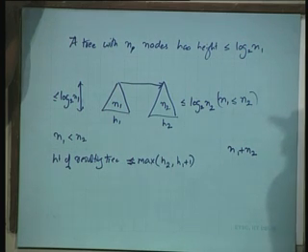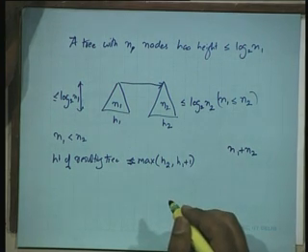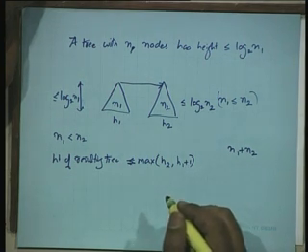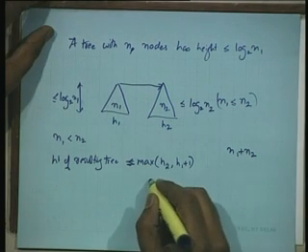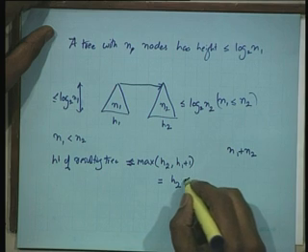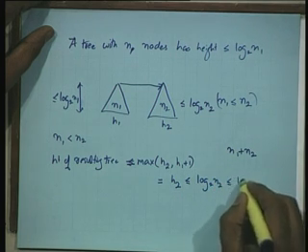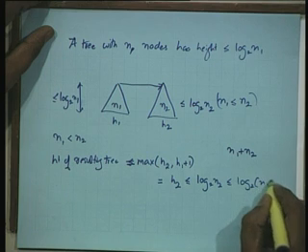Now let us see, this is the height of the resulting tree. If this value equals h2, there are two possibilities. Either this value is equal to h2, but h2 is less than log of n2, which is less than log of n1 plus n2.